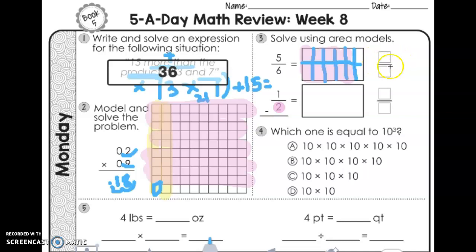So my new fraction I'm going to have isn't 5/6. It's actually 10. 1, 2, 3, 4, 5, 6, 7, 8, 9, 10 out of 12. And I can go ahead and do the exact same thing on the bottom. First, I'm going to start by coloring in half.